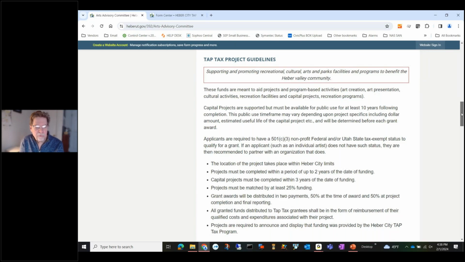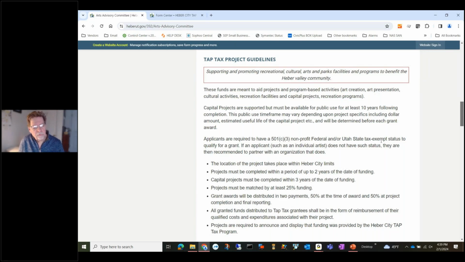The requirements for the applications are as follows. The applicants must have a 501(c)(3) non-profit tax status with the United States government and/or Utah state tax exempt status. It is a combination, or it could be one or the other. There's no greater candidacy by having both or one over the other. If the applicant, say an individual artist, does not have such status, they're encouraged to partner with an organization that does, which would officially be the applicant in that case.